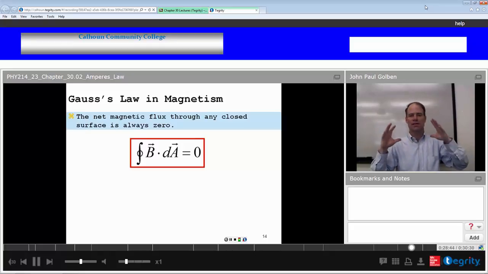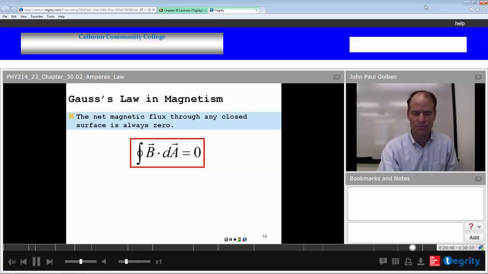Hence, the net magnetic flux through any closed surface will always be 0, and we can't enclose any flux producing device by itself inside that closed surface, unlike what we had with the electric flux, because we could always put a charge inside a closed surface.